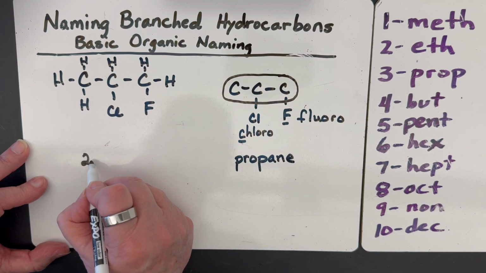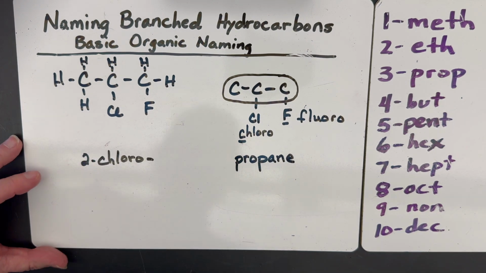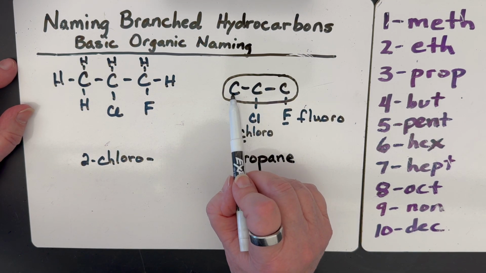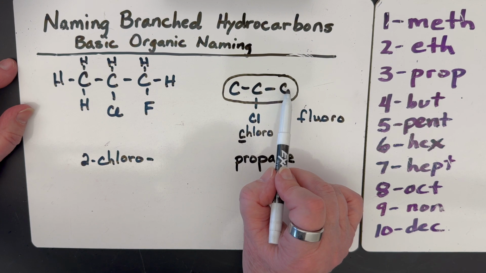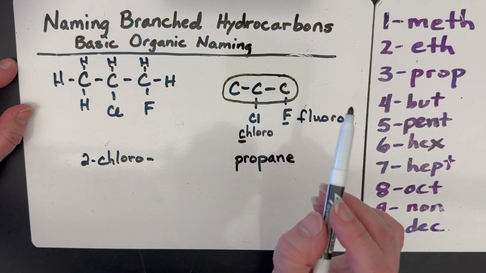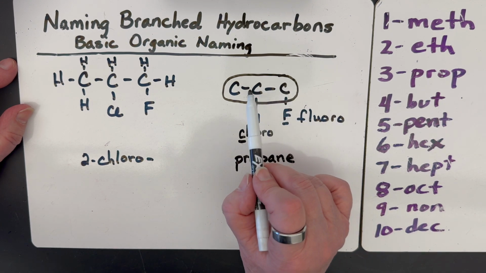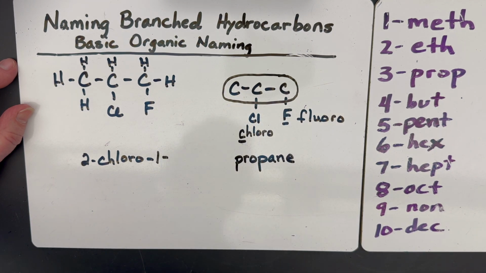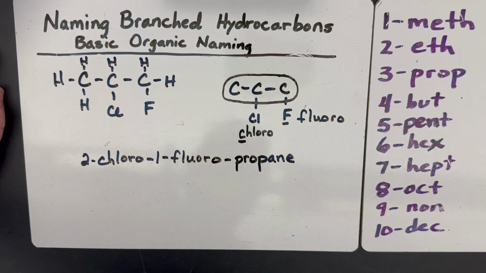So we're going to have 2 chloro. Now be careful on fluoro, because if you count from this side, 1, 2, 3, it's on carbon 3. But if you count from this end, 1, 2, 3, it's on carbon 1. And we always want to use the lower. So this is 2 chloro, 1 fluoro, propane.